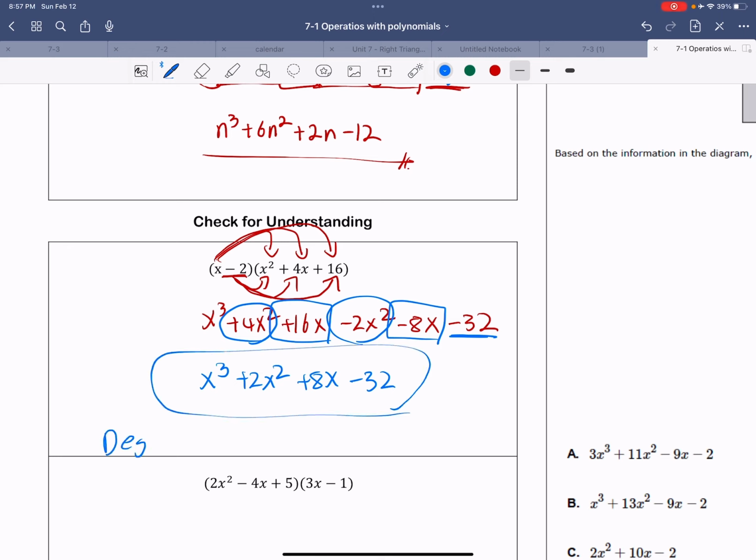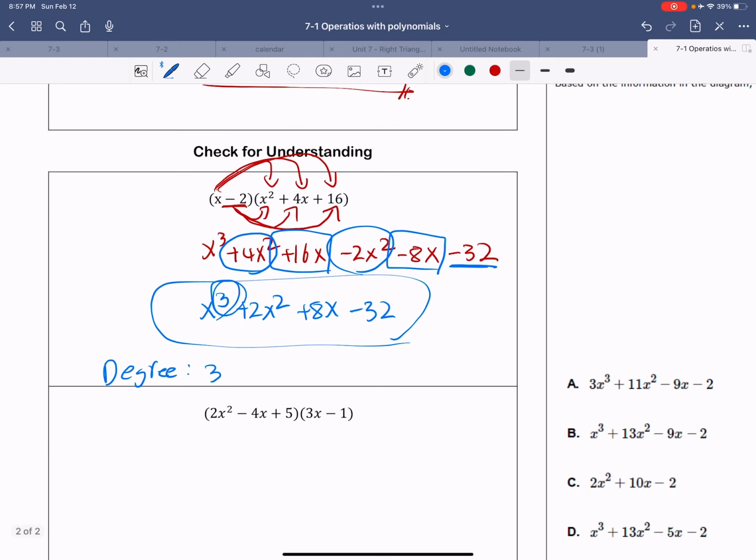And I think I forgot this one, but this one is going to be degree 3 because 3 is the highest exponent, okay?